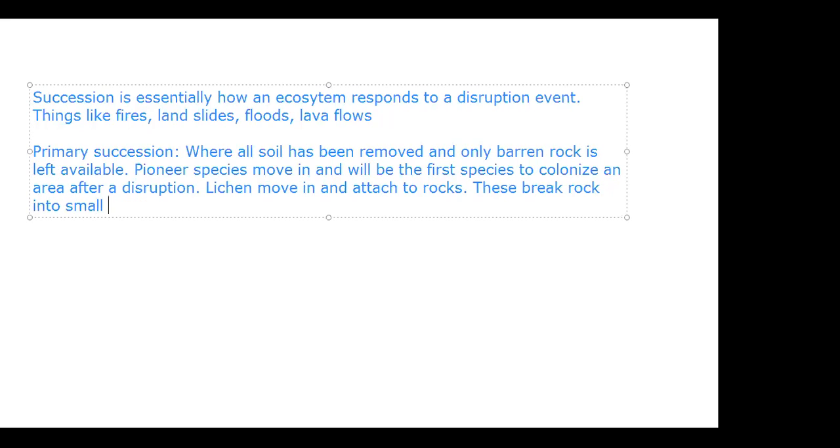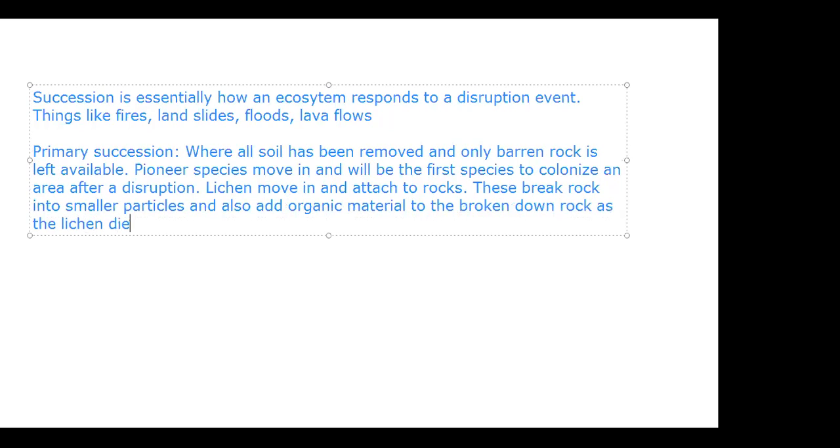Okay, and so what lichen do is these break down rock into smaller particles and also add organic material to the broken down rock as the lichen die. Okay, so lichen are just kind of breaking down this rock. Then as the lichen die, their organic material gets mixed in.